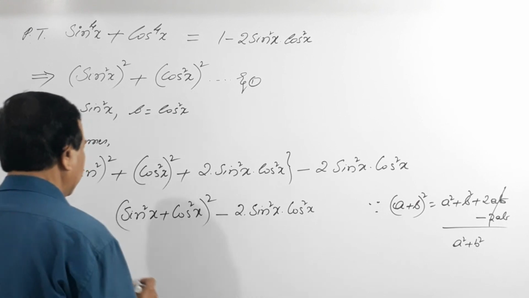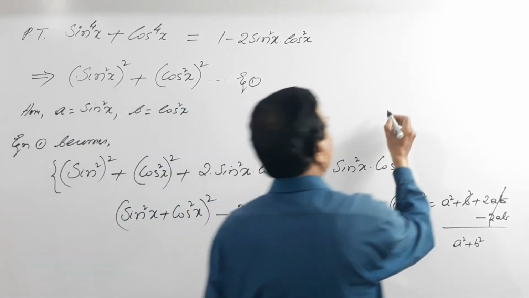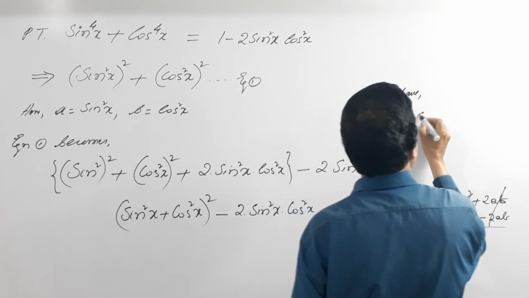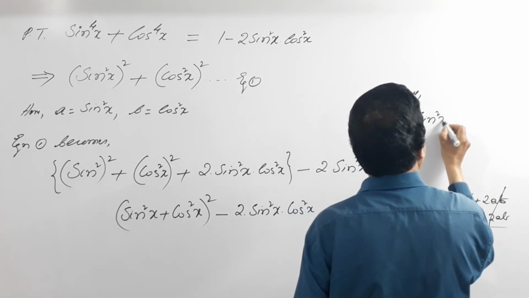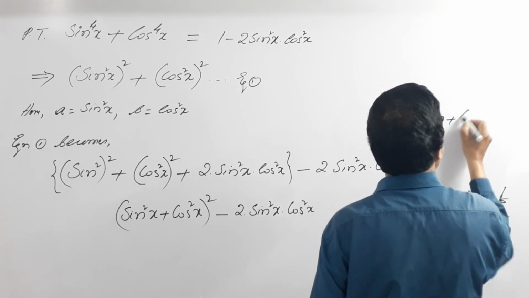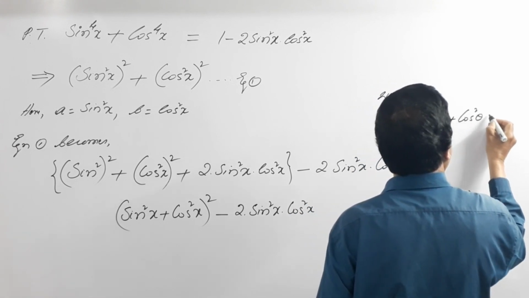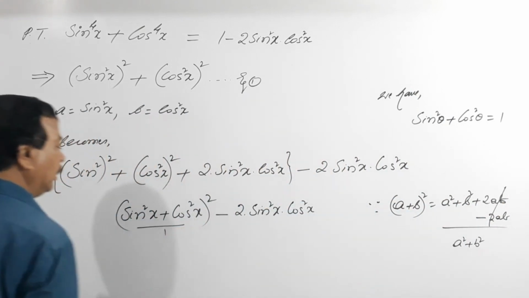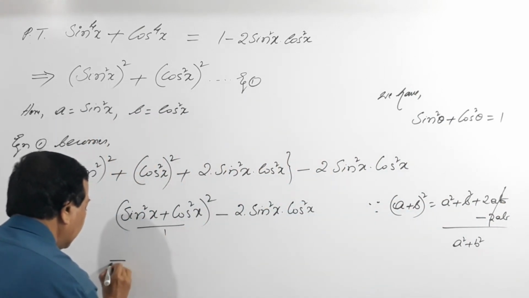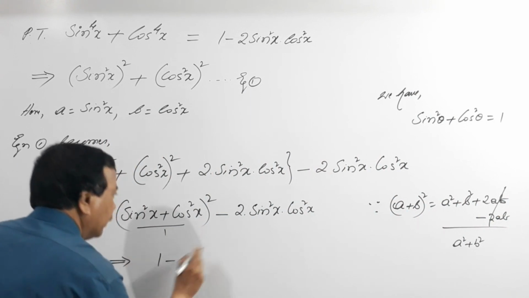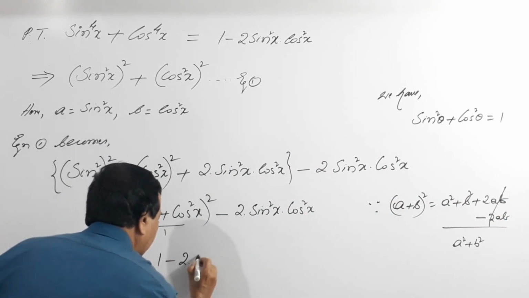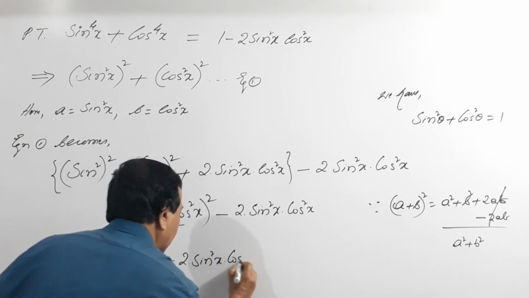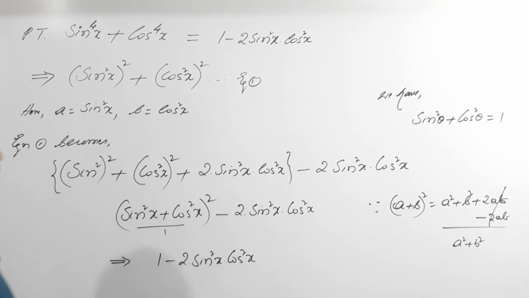So we have sin square theta plus cos square theta equals 1. So this is nothing but our 1. So this becomes 1 minus 2 sin square x into cos square x.